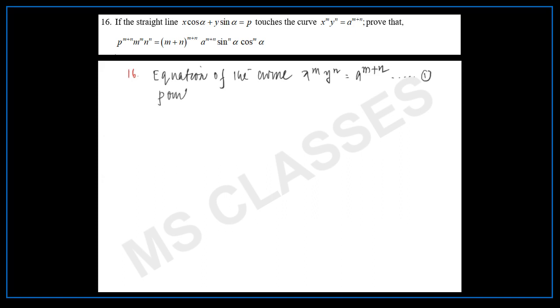Point of contact we take as P, which is (x1, y1). To find the equation of tangent, we need the slope of the curve at this point of contact. Now, since this is a point of contact, it must satisfy the equation of the curve.